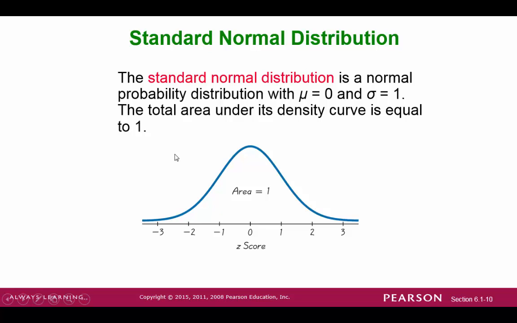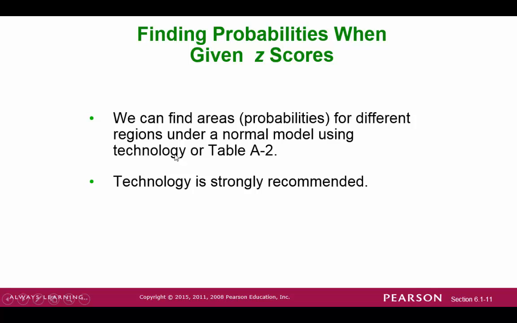So this is the shape of the standard normal distribution. The area under the curve is equal to 1. The mean is equal to 0, so that is the very high point of this bell-shaped curve, and the standard deviation is equal to 1. Now our focus is to find probabilities if we're given some z values.